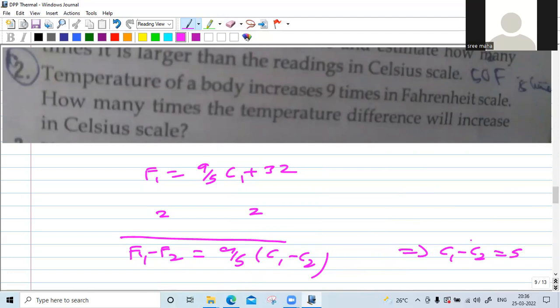Check the answer. Is it correct? Is it correct?